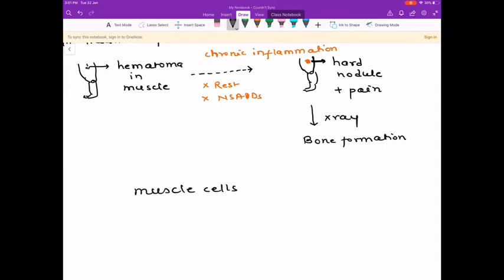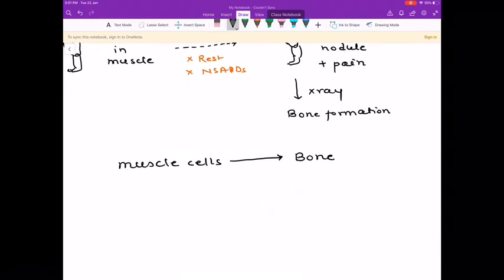In this condition, muscle cells are getting converted into bone cells. So one kind of mesenchymal cell into another kind of mesenchymal cell. That's why it is an example of mesenchymal metaplasia, and this disease is known as myositis ossificans.